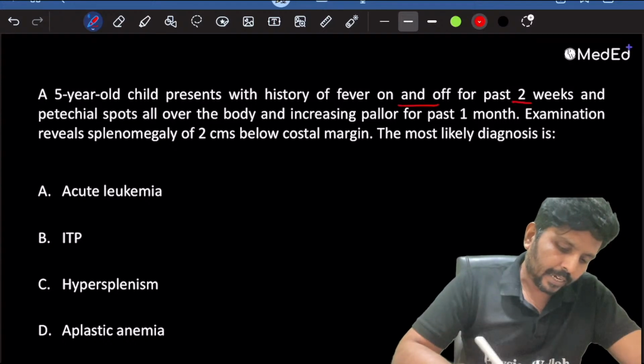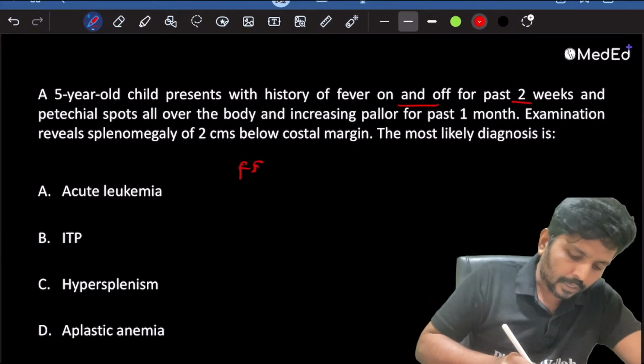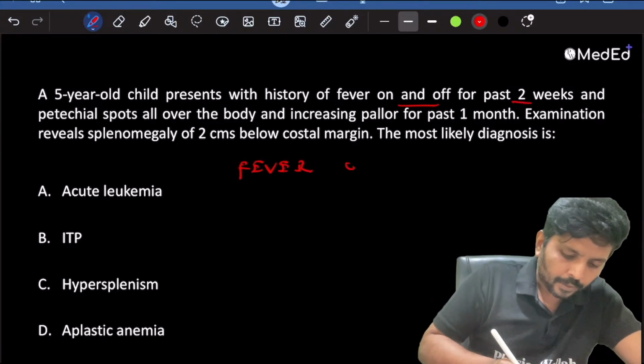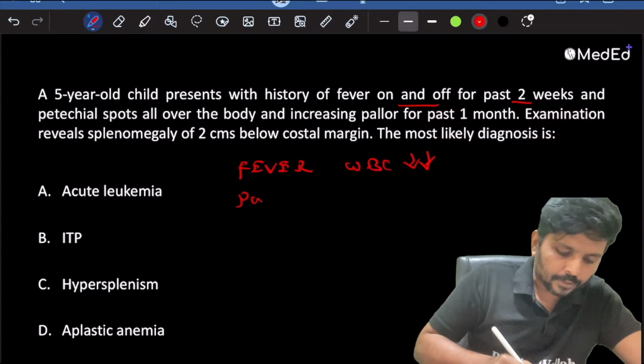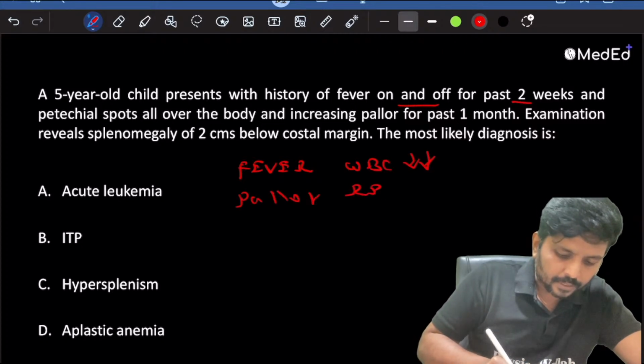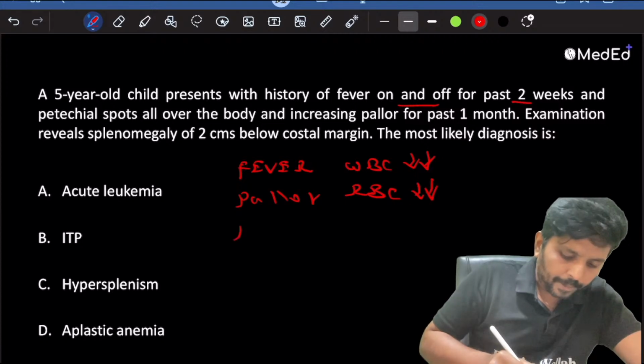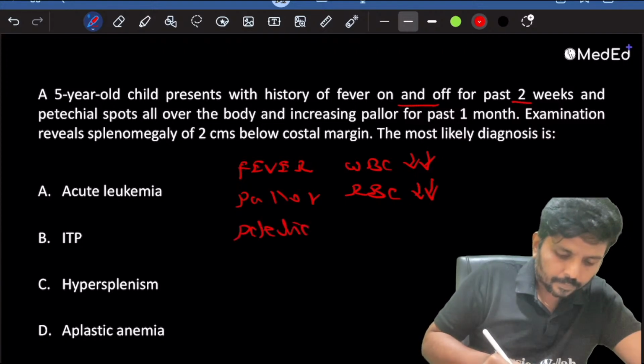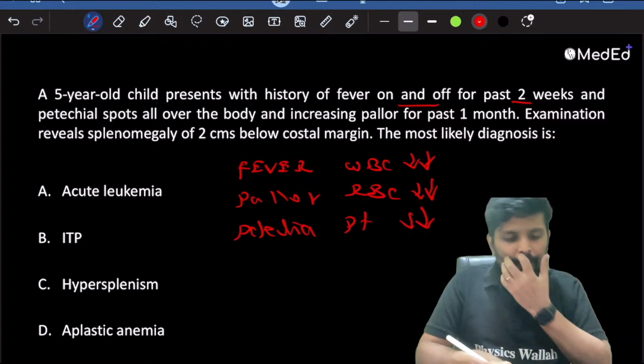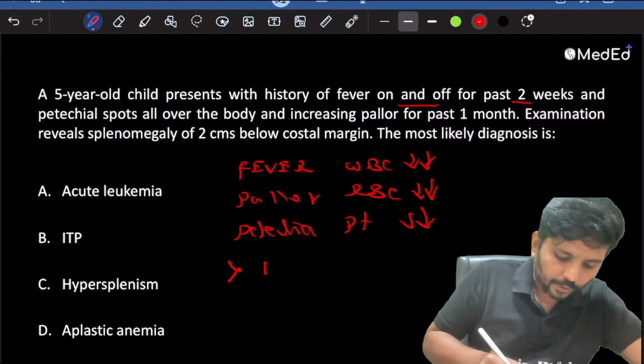So fever means WBC is affected. Pallor means RBC is affected. Petechiae means platelets are low.